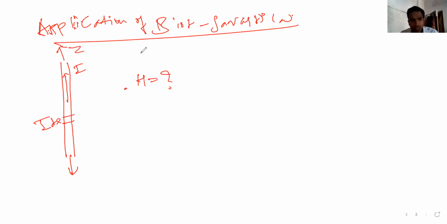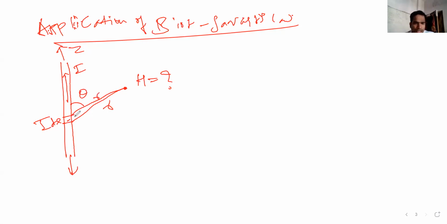I will simply connect this, and this is my R. Now because this is an infinitesimally small length, if I connect this end also, this is our theta, this is R and this is also R. Why?